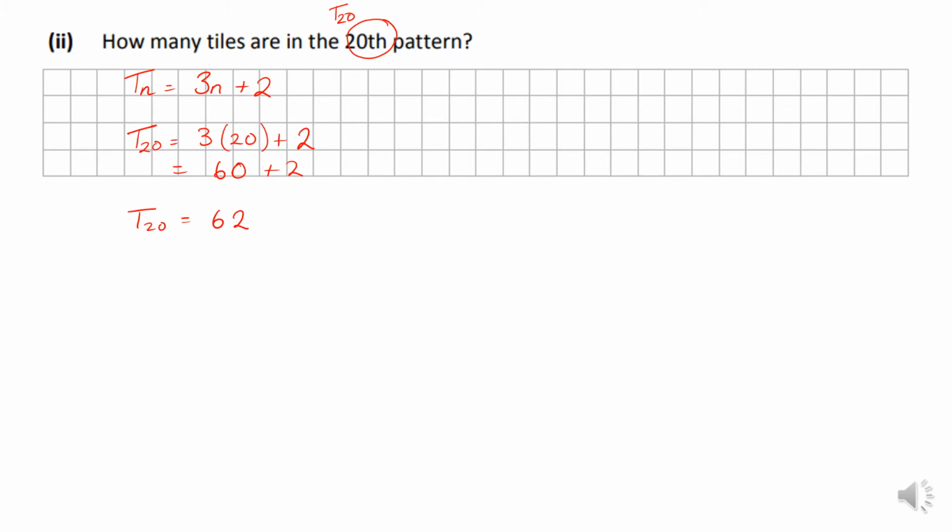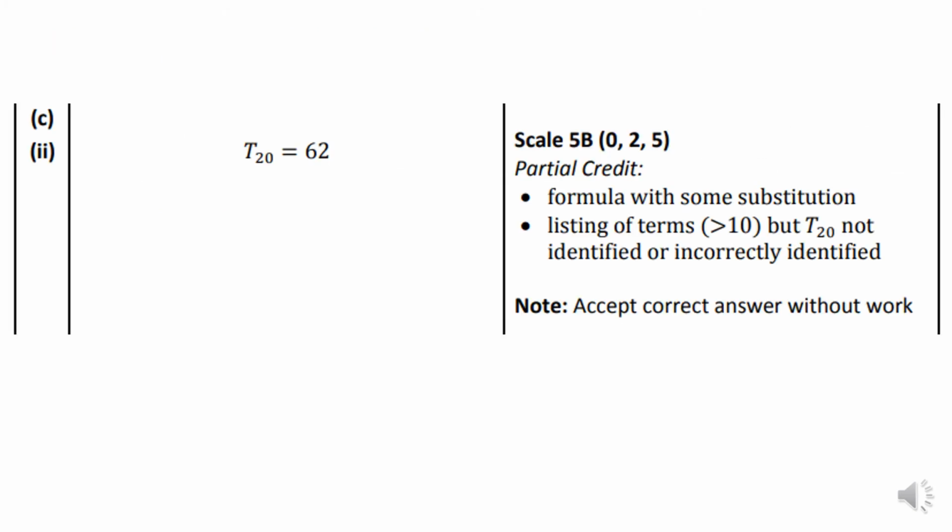There are 62 tiles in the 20th pattern. Let's check our answer. Correct. 5 marks for that, 2 for partial credit if you write the formula with some substitution. If you start listing the terms but don't get T20 correct, you may get some marks also.